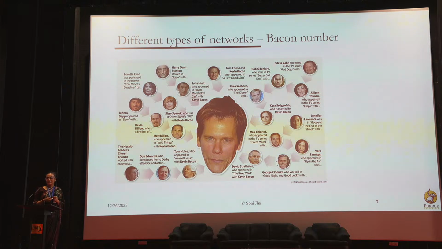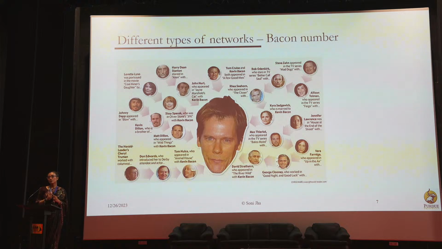He's not a known leading actor, but he's a prolific actor who has done a lot of character roles or good parts in different movies. And so what the Bacon number does is that for any other actor in the US, how many steps can he reach Kevin Bacon in, right?